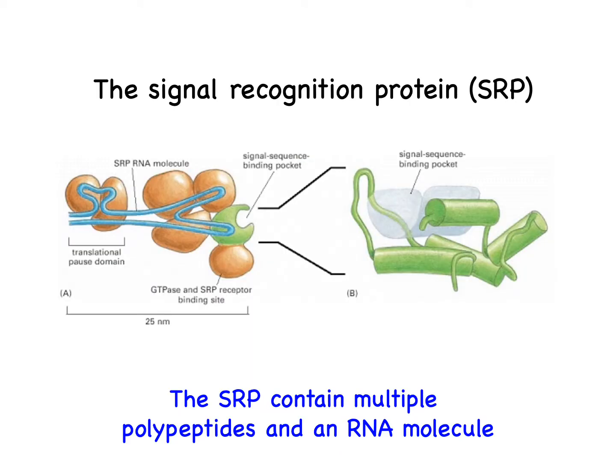There's another protein that facilitates this, and this is the signal recognition protein, or SRP. This is a molecule that is a combination of RNA and protein, and it recognizes, as the name implies, the signal sequence on the nascent peptide and directs it to the translocator.